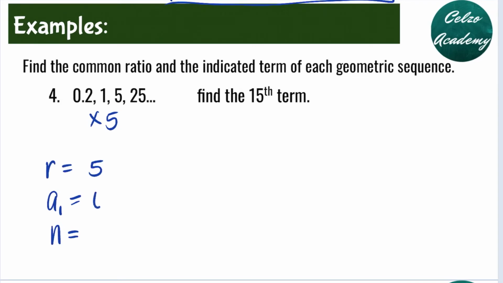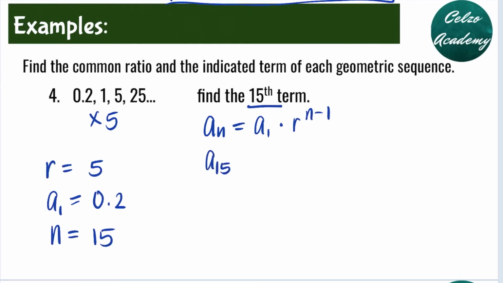Our first term, or a sub 1, is 0.2. We were asked to find the 15th term, so n is 15. Now using the geometric sequence formula, a sub n is equal to a sub 1 times r to the n minus 1, we can now solve for the a sub 15 because n is 15.